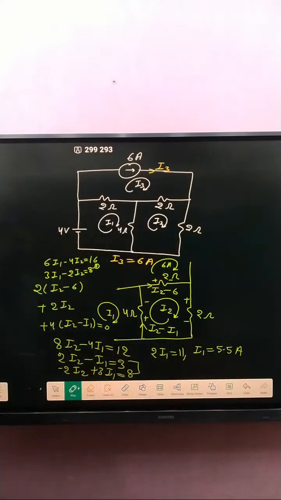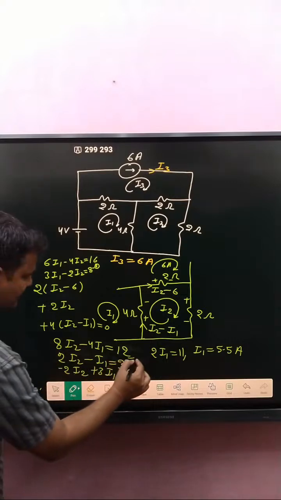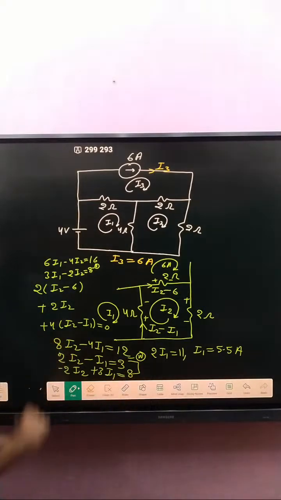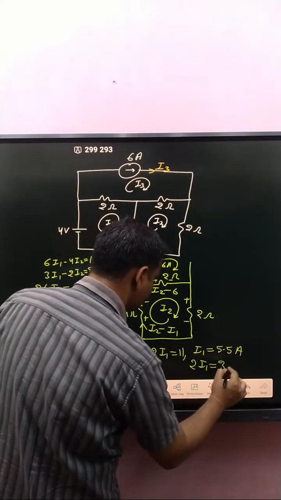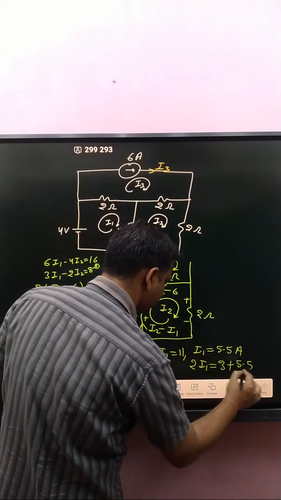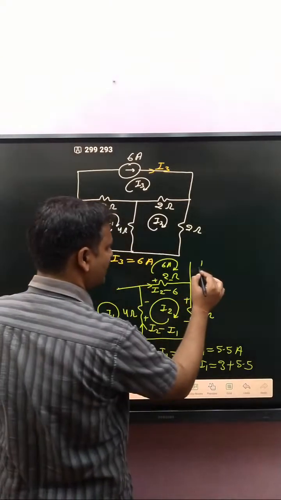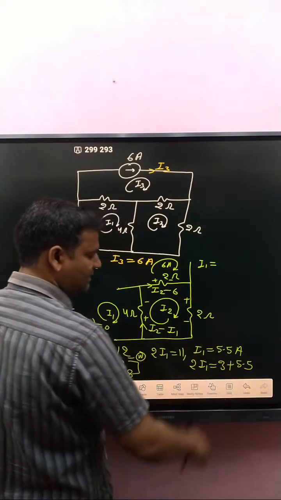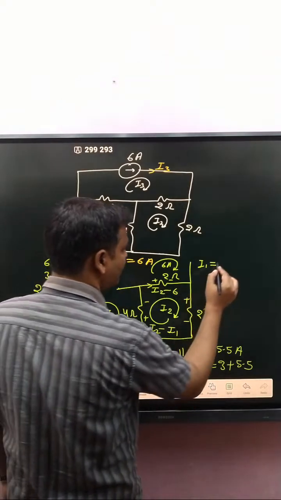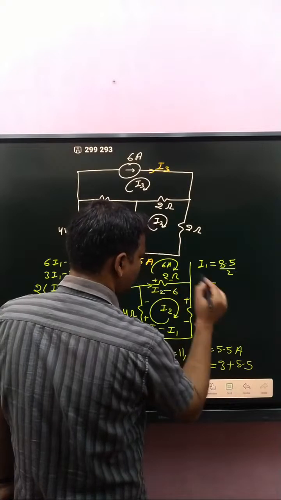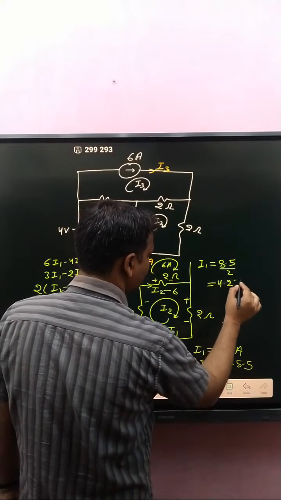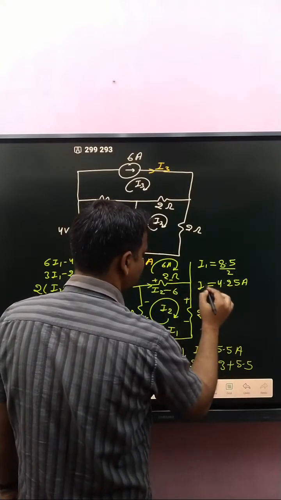If this value is put in equation number 2, then 2 I2 is equal to 3 plus 5.5. So 3 plus 5.5 is 8.5, divided by 2, that is 4.25 ampere. That is I2.